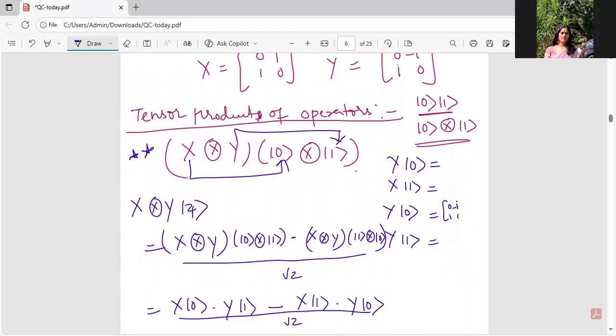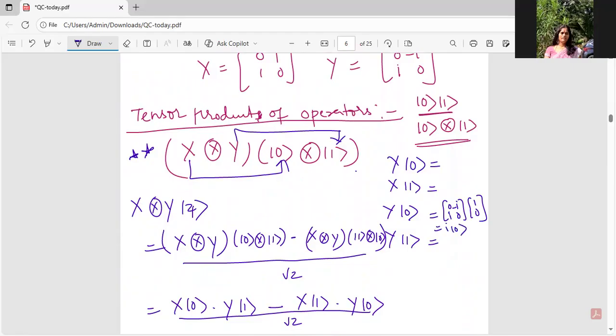Y, with rows 0 minus i and i 0, when applied on 1 0, what do I get? I get i into ket 0.